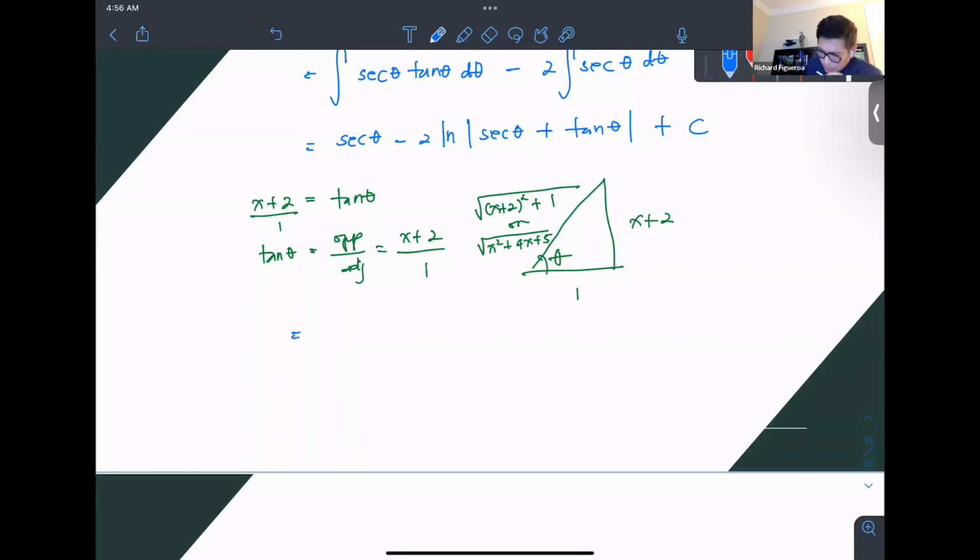Our secant is hypotenuse over adjacent, which is just the square root of x squared plus 4x plus 5 over 1. Then minus 2 ln of the square root of x squared plus 4x plus 5, then our tangent is x plus 2 all over 1, plus c.